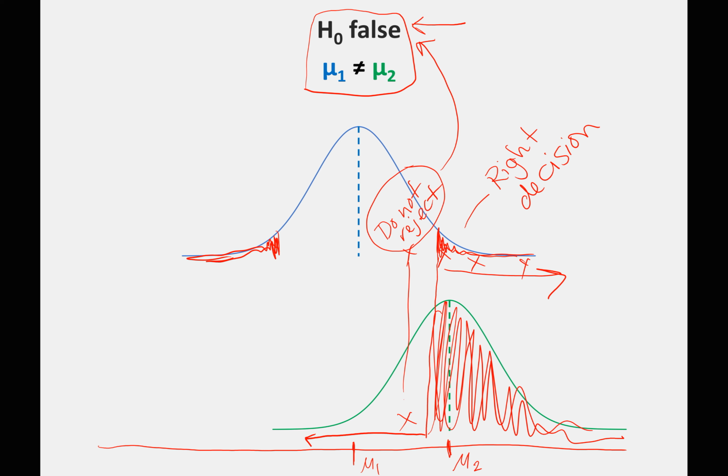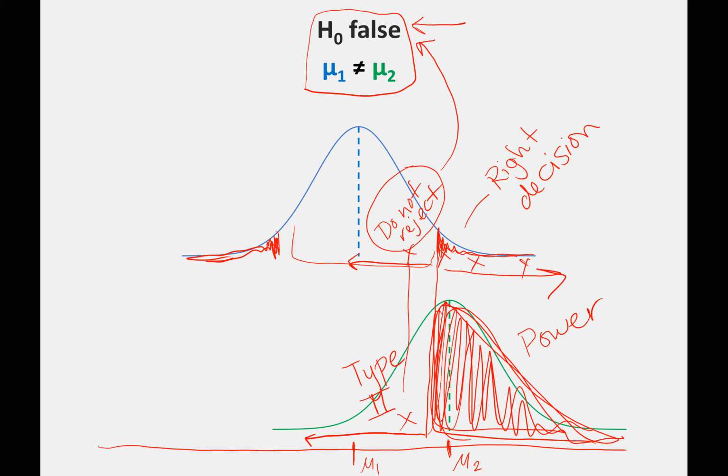It's false. So anything we get over here in our don't reject region, this is a mistake. This is our type 2 error. Whereas here, this is the right decision. There is a difference and we did find a difference. This represents our power of our test.